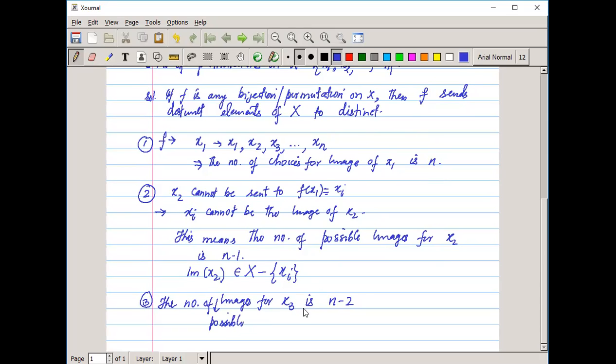So that means the image of x3 could be chosen from the set with n minus 2 points.